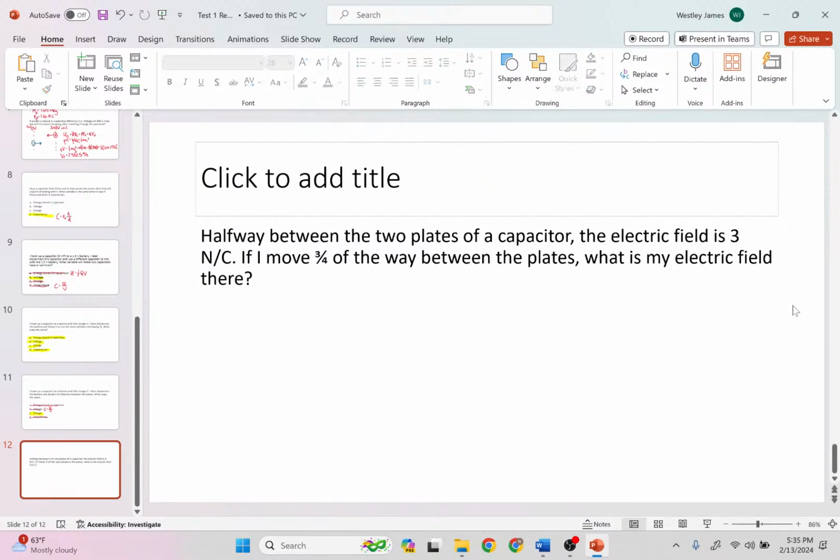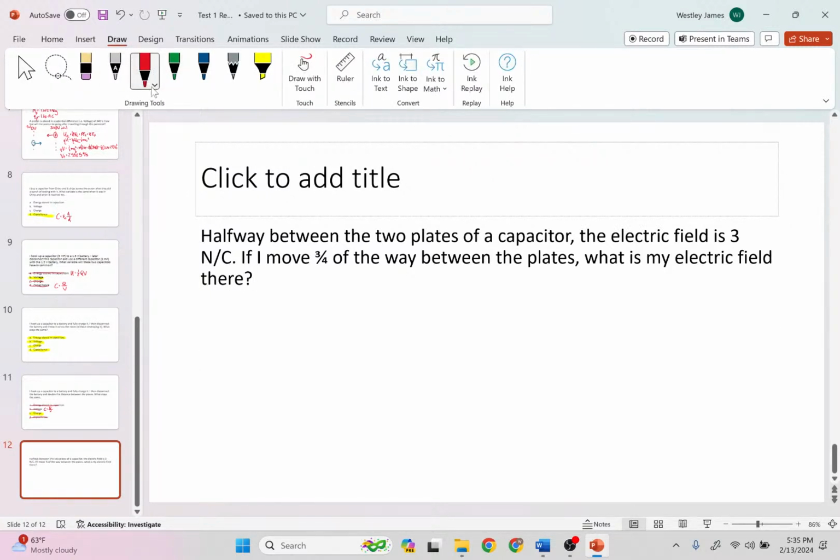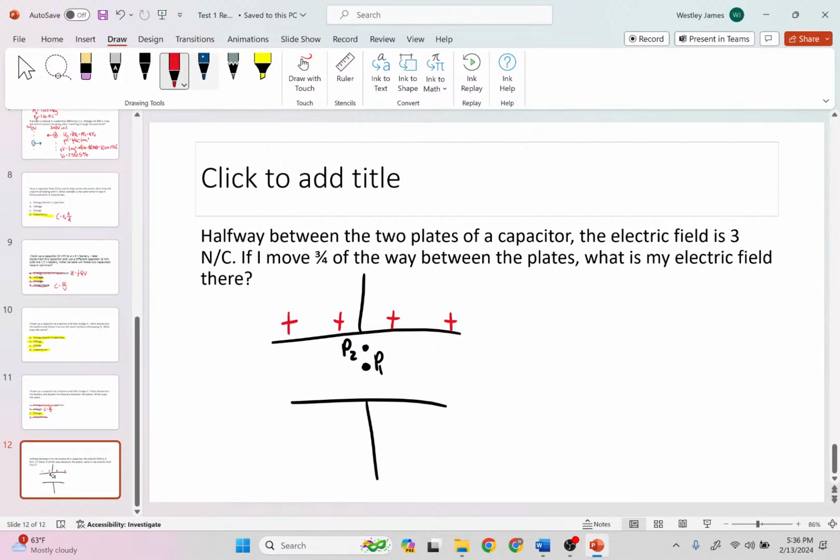So let me draw a picture of this because this wording is not ideal, but here's my capacitor. The original electric field was halfway between it. Then the question is, what happens if I move up here? We'll call that point 2. What happens to my electric field if I move to some spot? And you know what? Let's make this side positive and this side negative.